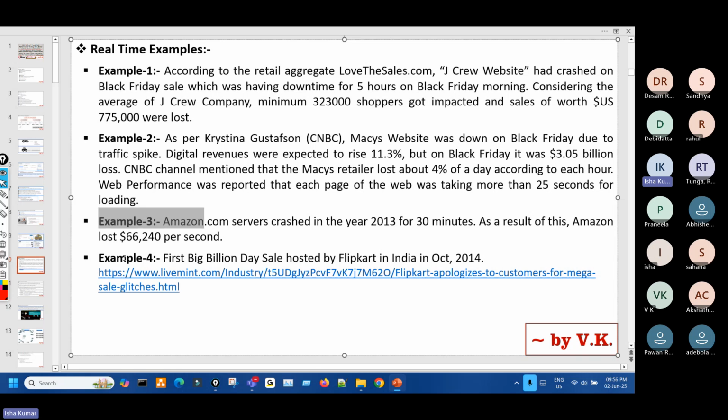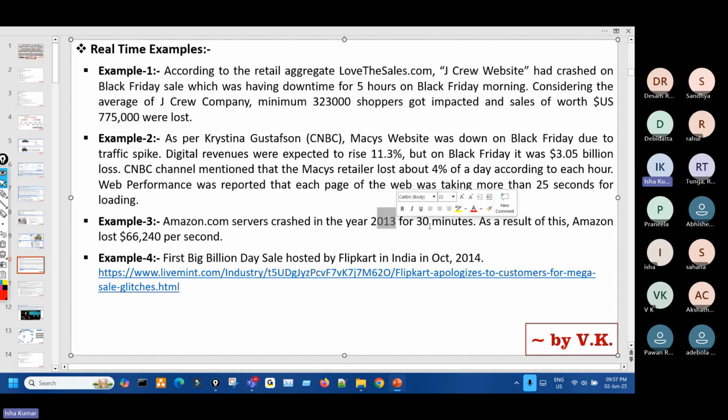Understand, the meaning of live and production is in use. Any application which is already designed and in use is called a live production application. So all these applications that we see, Amazon, Flipkart, are already designed and being used, so they are live. So what happened when it was live?